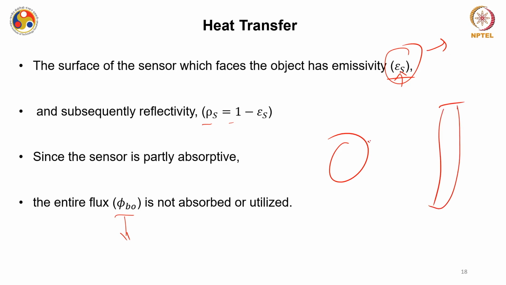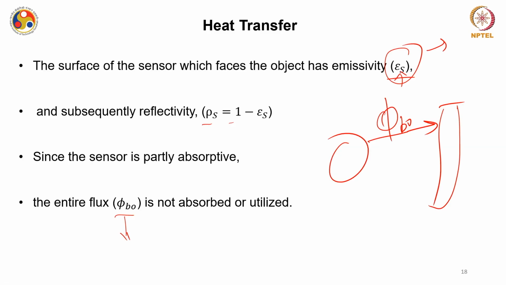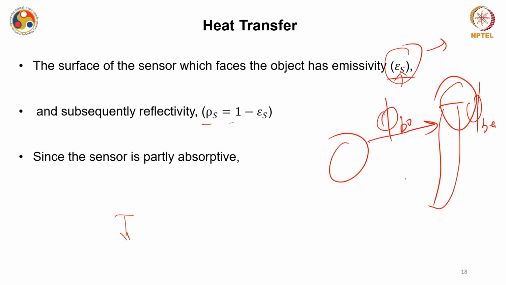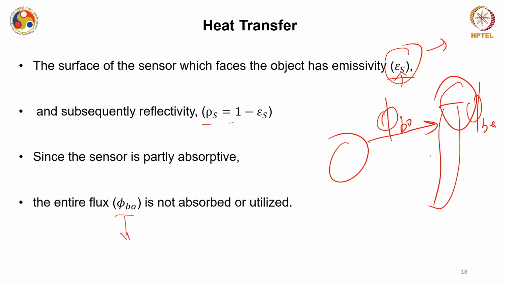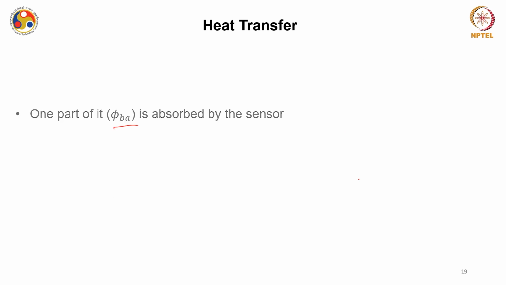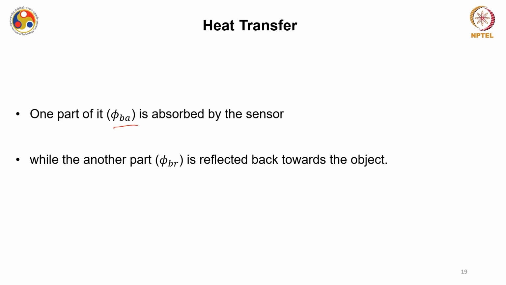The flux which is generated here is phi b naught. Now phi b a is absorbed in this sensor, right. Now phi b r is reflected back towards the object, so this is phi b r which is getting reflected to the object itself.